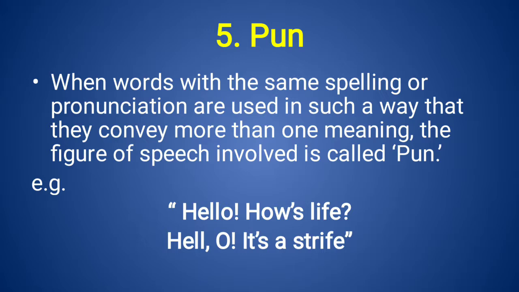Take the example, hello, how is life? Hell, oh, it's a stripe. So it means here the poet has used the same or similar kind of pronunciation to create humor. And whenever such a thing is used, we can say that here we have the figure of speech which is called the pun.